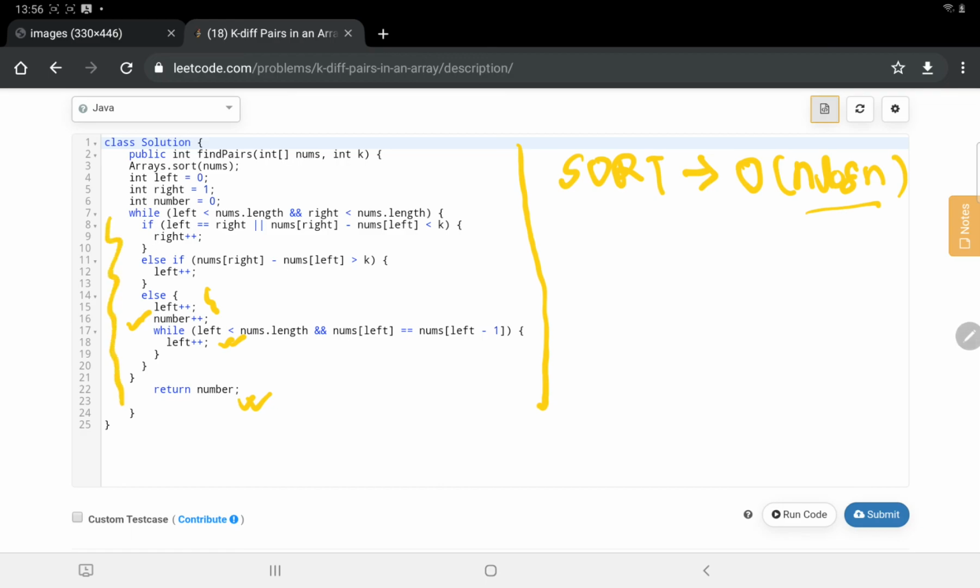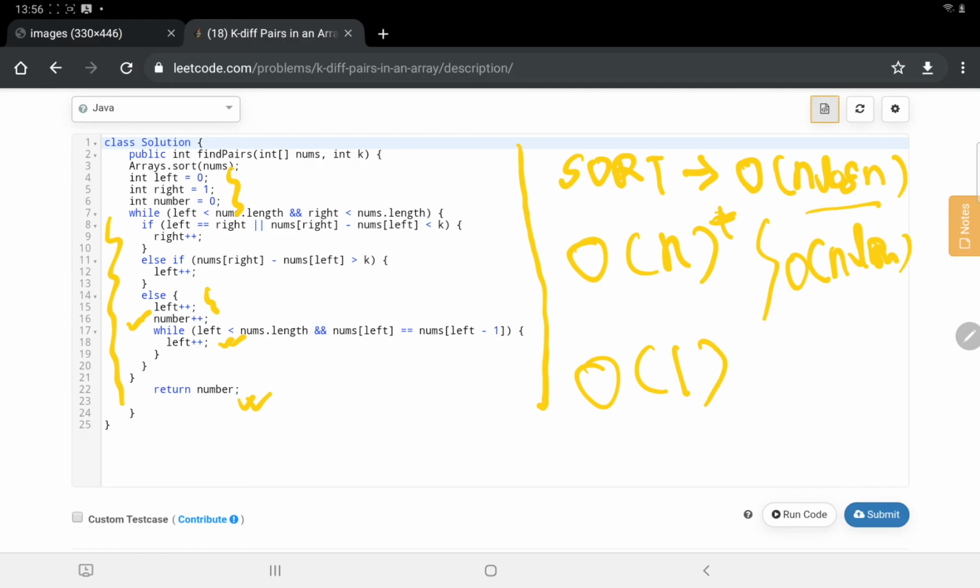We are iterating through the whole array only once, so obviously the time complexity of this while loop will be order of n. So our total time complexity will be order of n log n, since n log n is higher than order of n. In case of space complexity, here we are using 3 variables, but that does not depend on our input size or array size. So space complexity is order of 1.